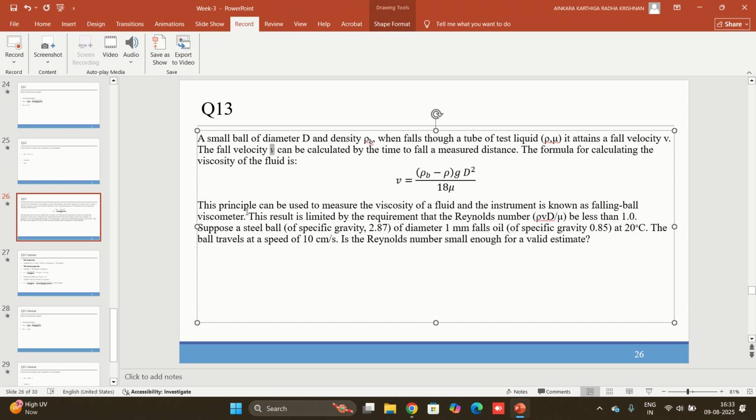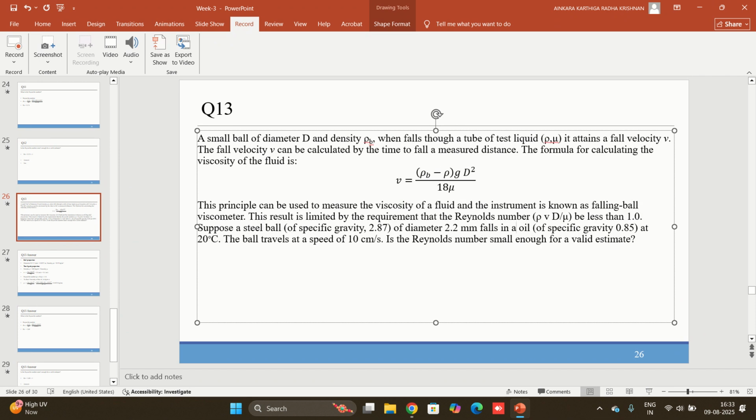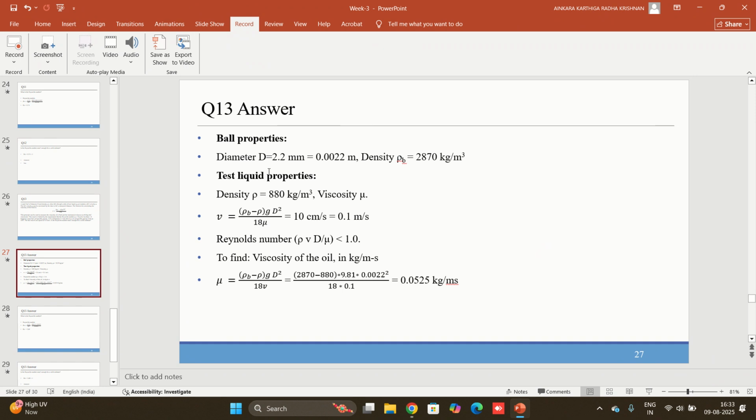Again, these velocities and everything should be italicized. It is of diameter 2.2 mm, falls in an oil of specific gravity 0.88.